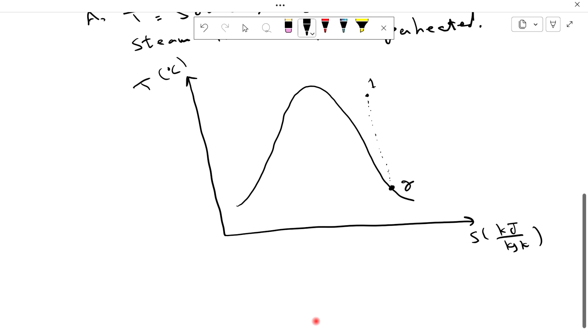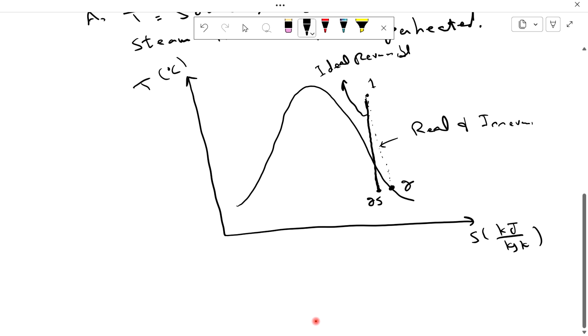In an ideal process, entropy will be constant. So this is a straight line, a constant entropy process. This is the ideal reversible process, and this dashed line is a real and irreversible process.